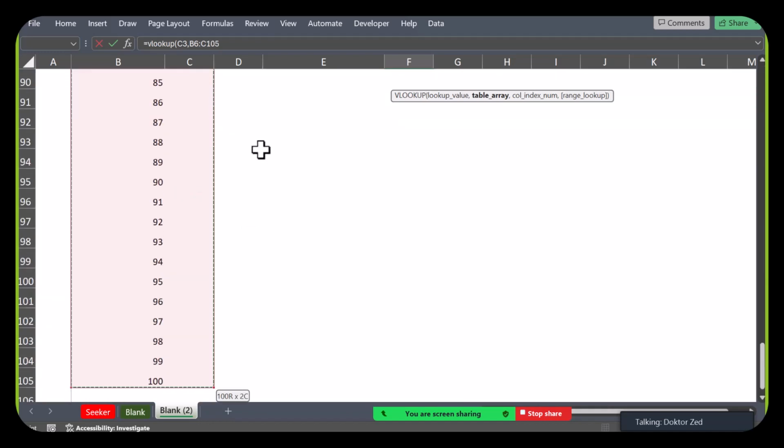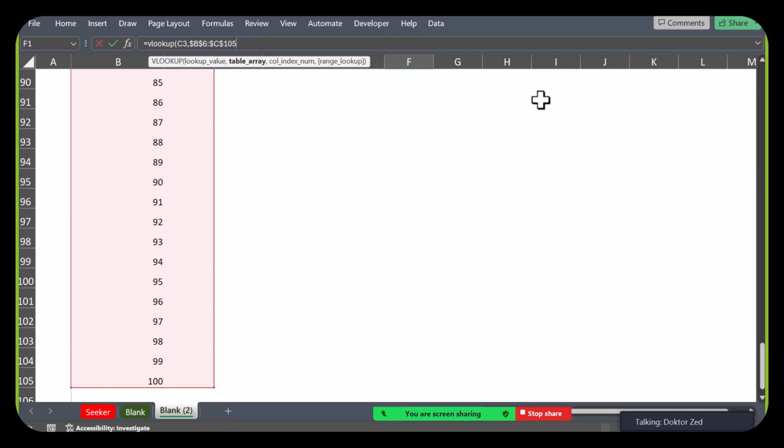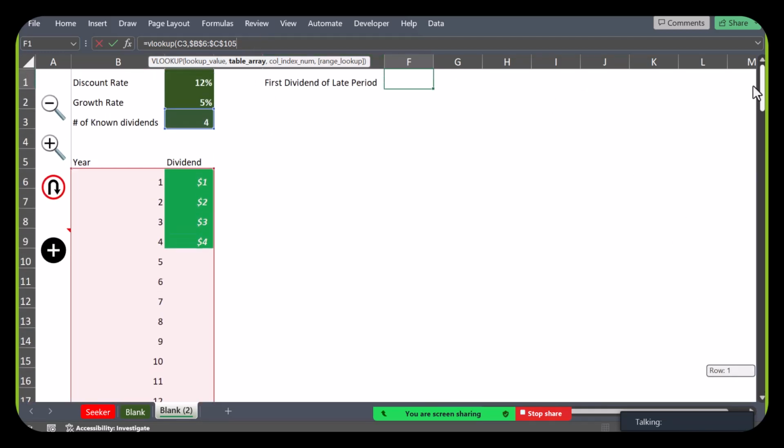VLOOKUP does the search in the first column of the table you asked for. When you find a match, which column do you want to grab?